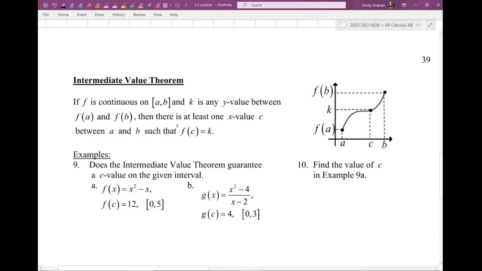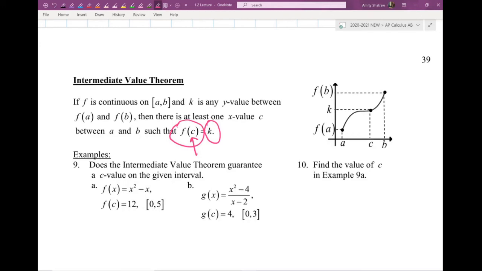There are so many variables in the wording of this theorem. But we've talked about it, and hopefully you're feeling comfortable with the idea of it.